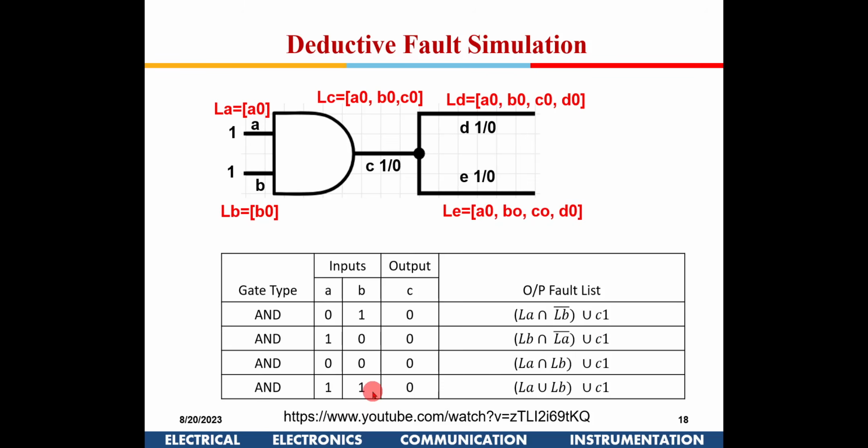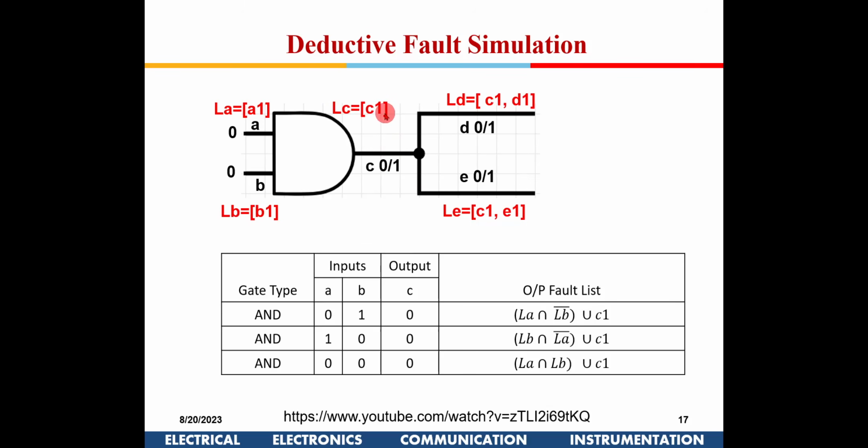Now for 1, 1, if I see here, I should get a 1 here. If I am getting a 0, that means, I guess I need to amend this.